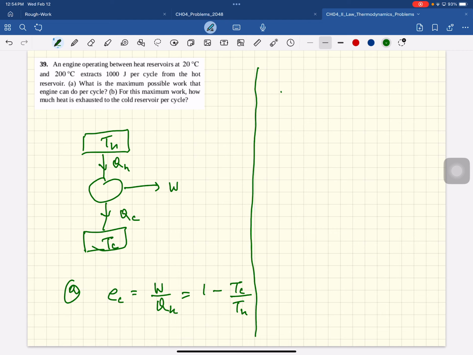So TC is 293 Kelvin and TH is 473 Kelvin. The Carnot efficiency of an engine operating between these two temperatures would be 0.38.